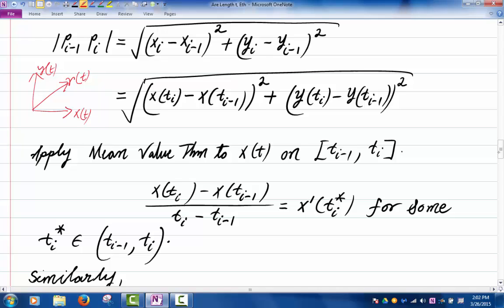So the average horizontal velocity is equal to the instantaneous horizontal velocity at some time in that interval. Now this is for any x, so it doesn't have to be about motion. If I have this average rate of x, that's the same as the instantaneous rate of x at some time. Same thing happens for y.